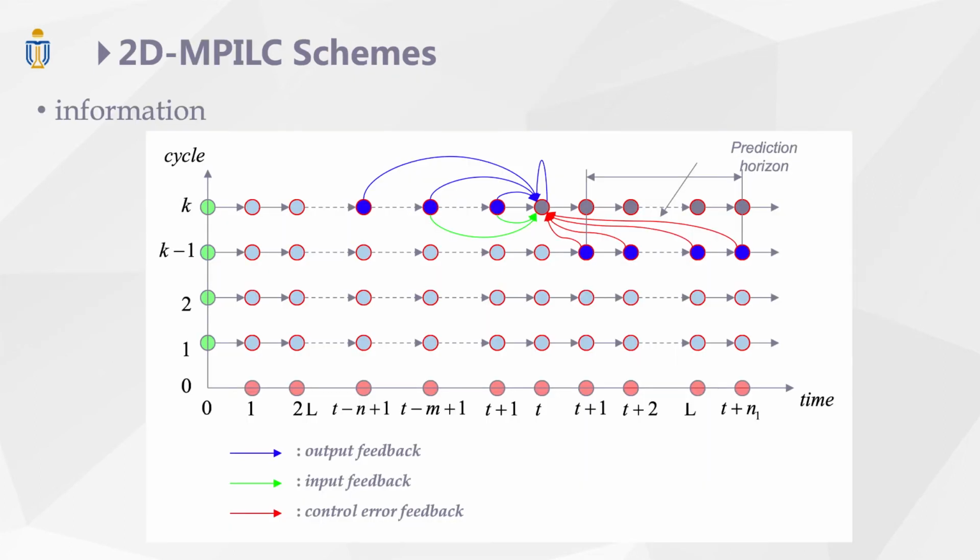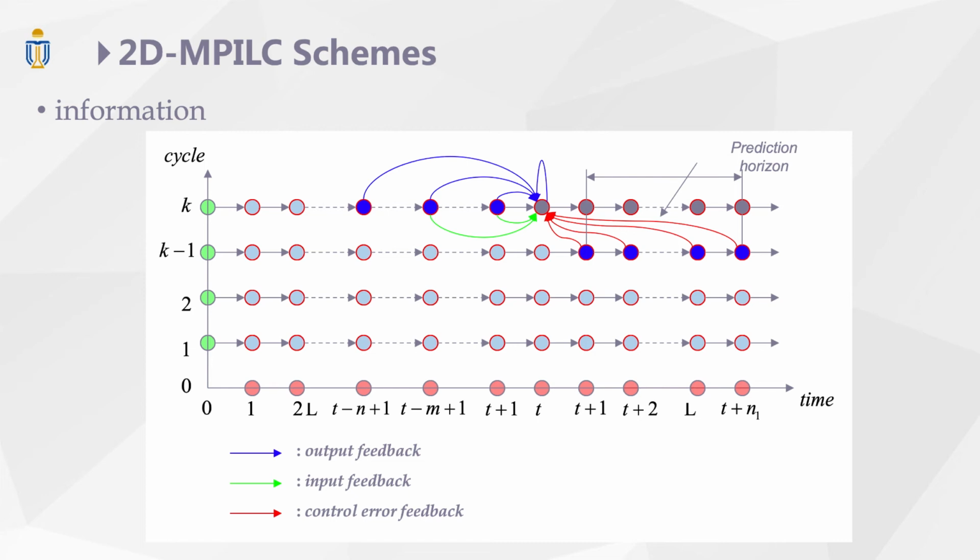Information-wise, we can illustrate as shown here. This is the traditional time. This is the batch. At the current batch K, time T, we can use the past information of the current cycle. Together, we can use the information of past batches at future time.